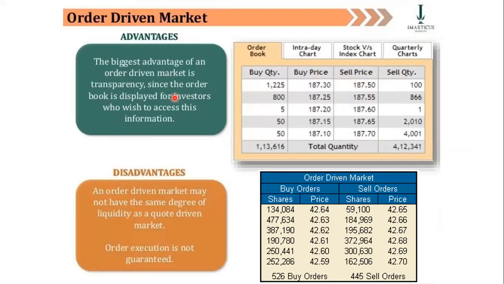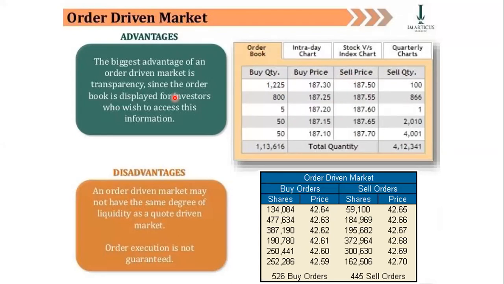When we talk about the advantages of an order driven market, the biggest advantage is transparency. Since the buyers and sellers enter into the transaction directly without intermediaries, it is more transparent.